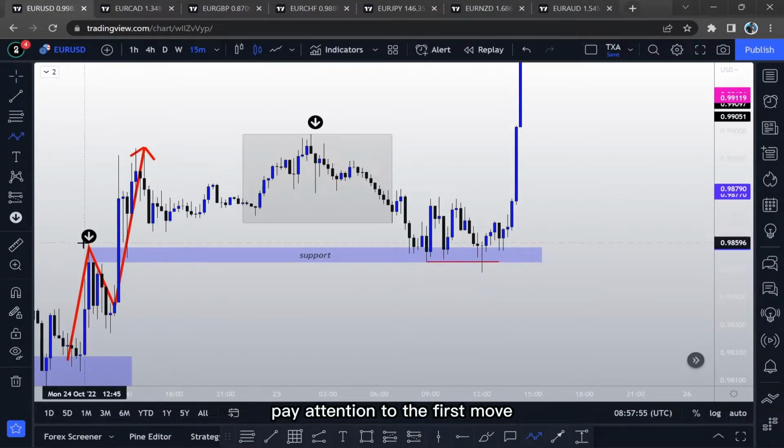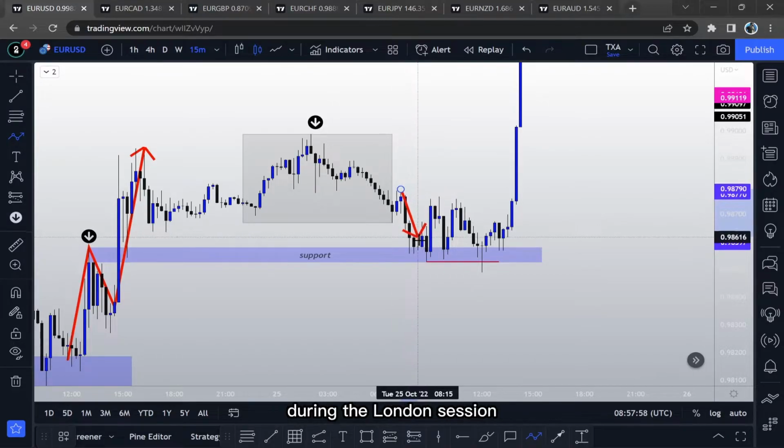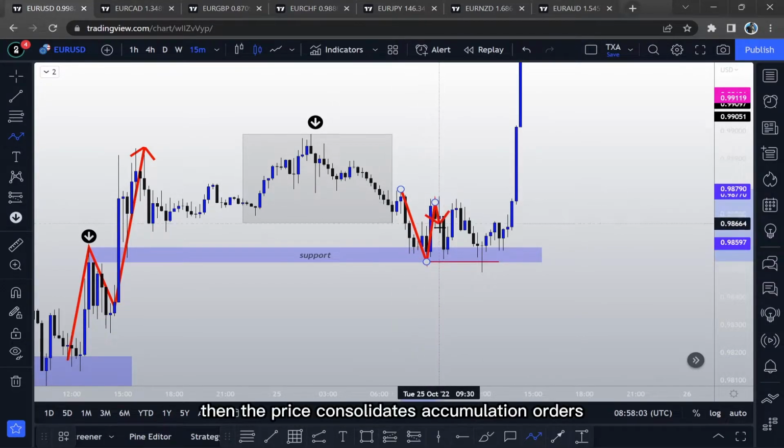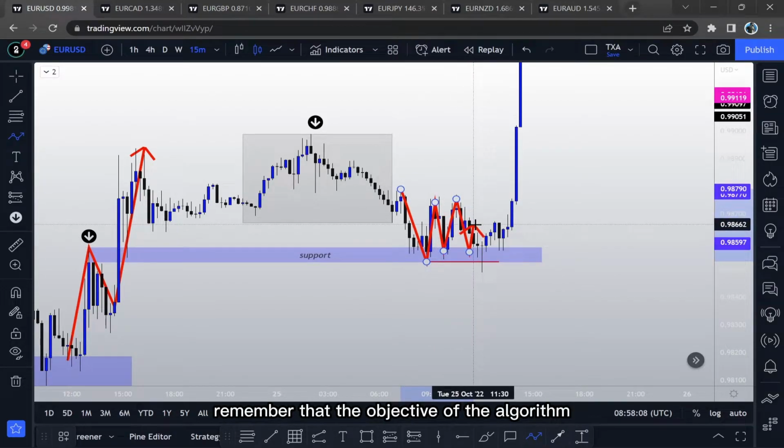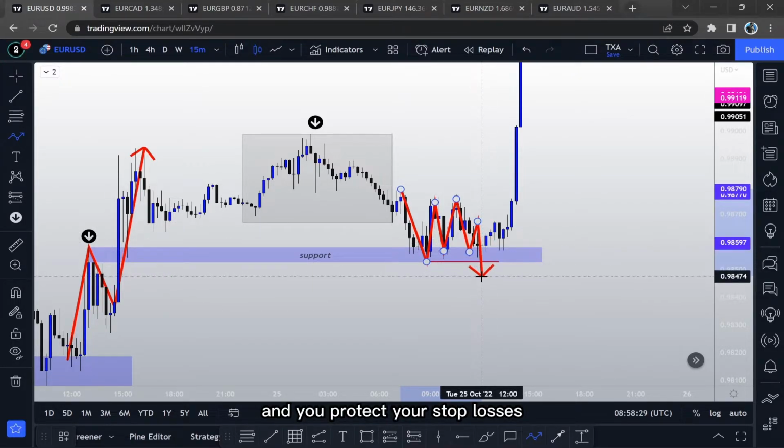Pay attention to the first move during the London session. It creates a swing low. Then the price consolidates, accumulates some orders. Remember that the objective of the algorithm is to engineer price action and to also grab liquidity from the retail traders. If you remember that and you keep that at the back of your mind, you will understand what is happening here and you will protect your stop losses.